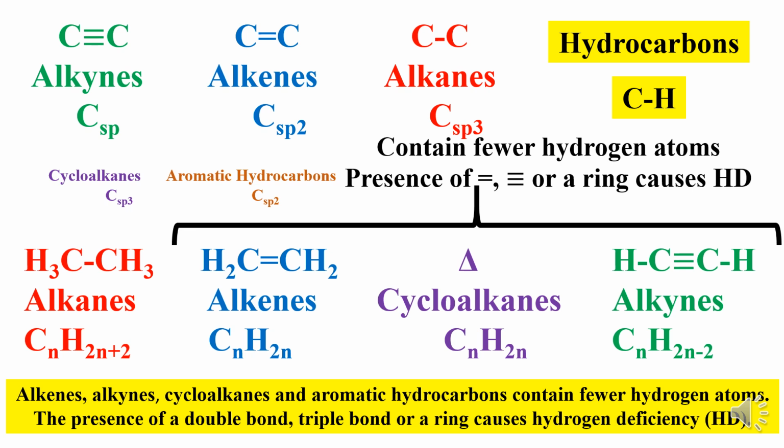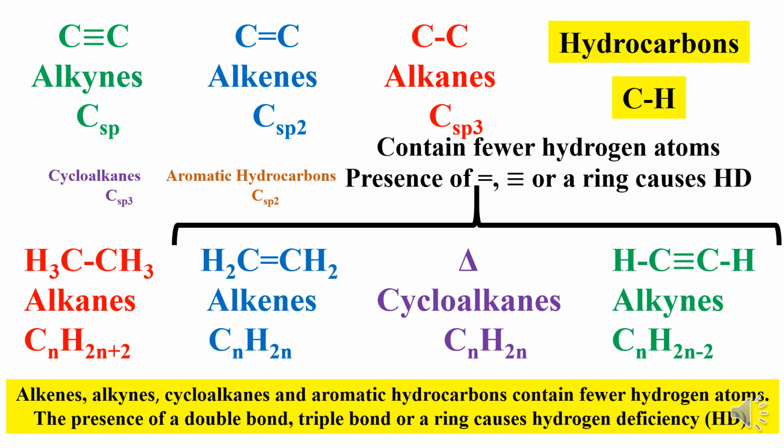The presence of a double bond, triple bond or a ring causes hydrogen deficiency. So whenever you come across a structure with a double bond, you can say the molecule has hydrogen deficiency. And whenever you come across a structure with a triple bond or a ring, you can conclude that these structures have hydrogen deficiency.